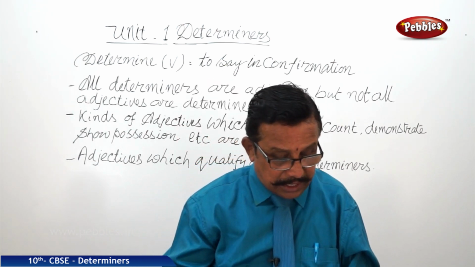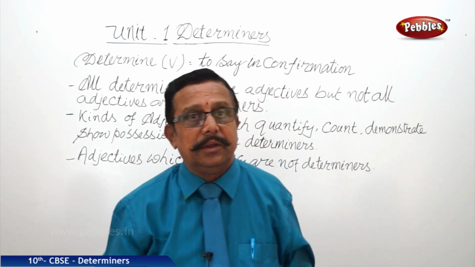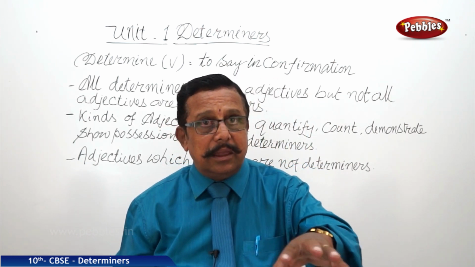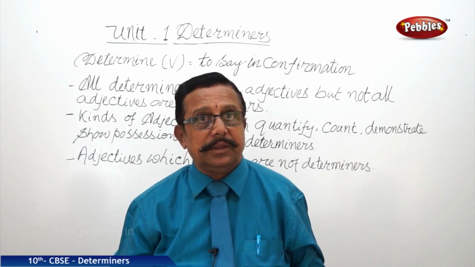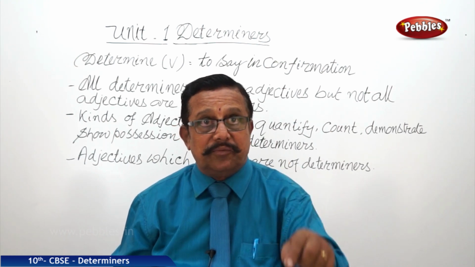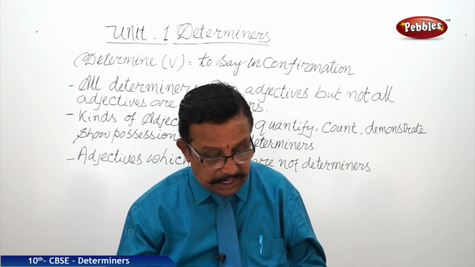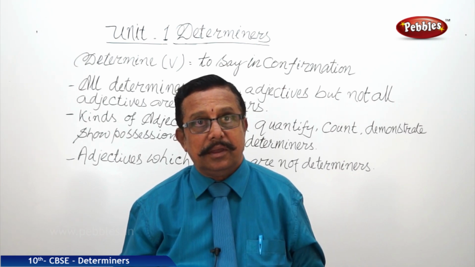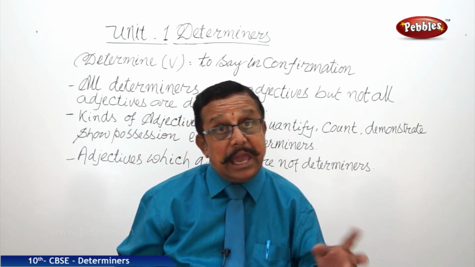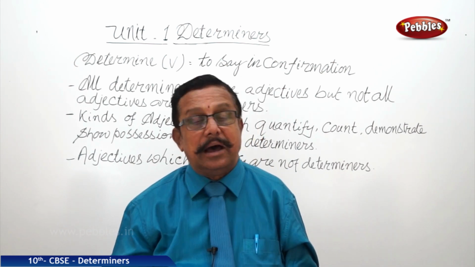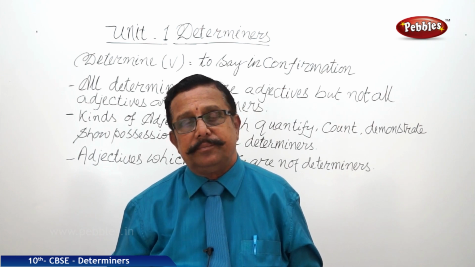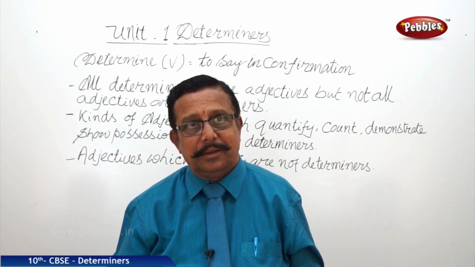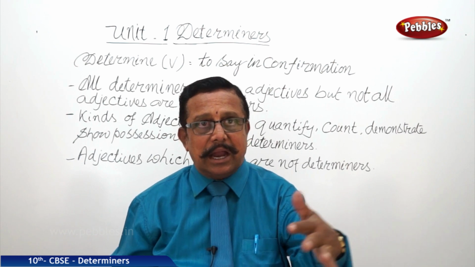And next comes distributive. Distributive means the possession is distributed. Again, that is quantifying. Here you can see each, every, either, neither. These are all distributive. Either the boy, one, either this or that.